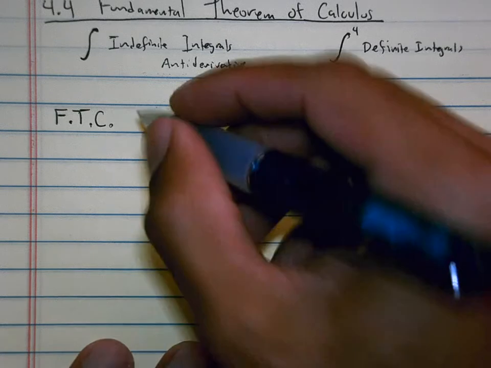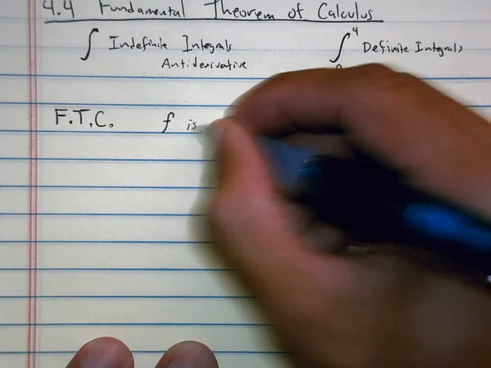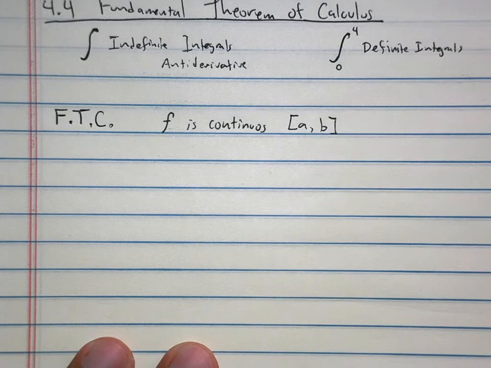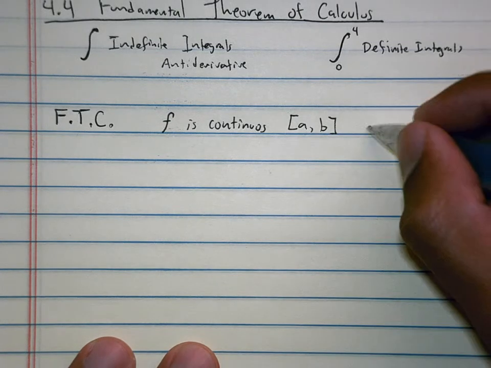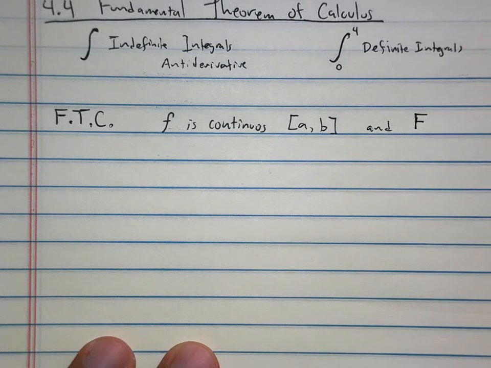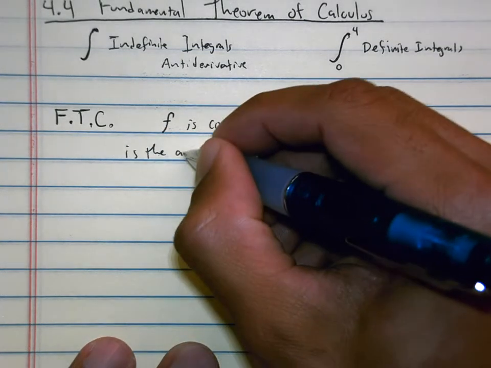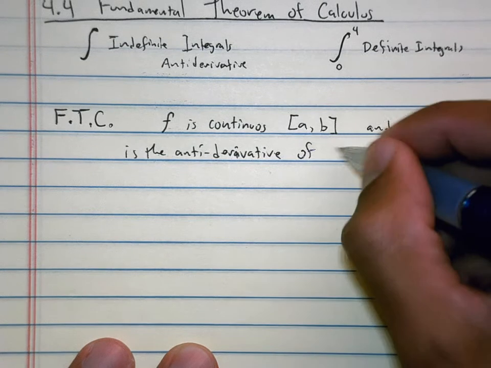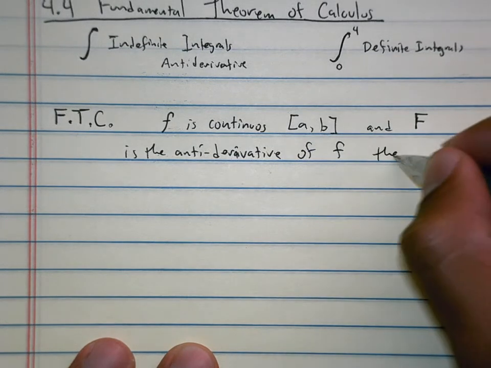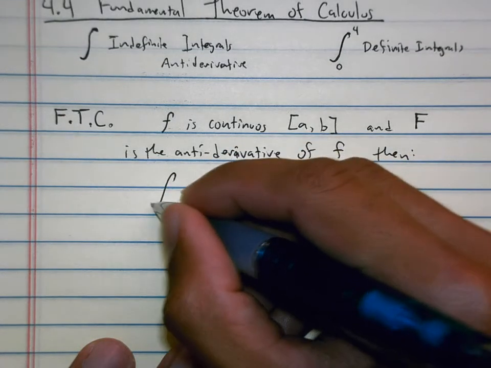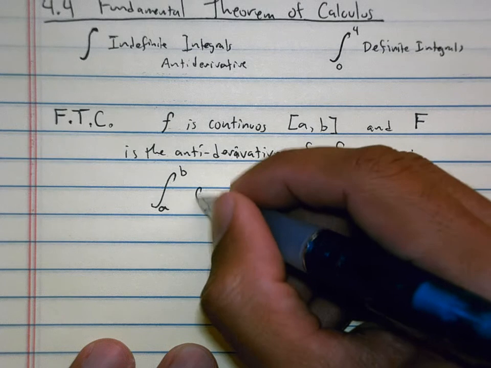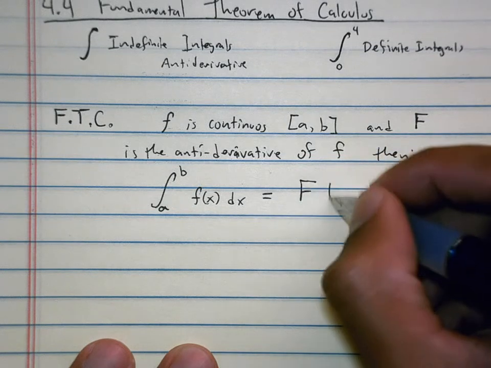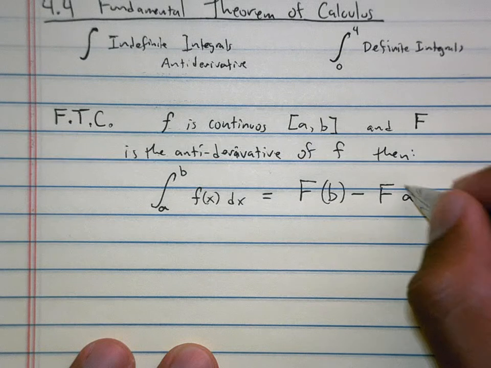The fundamental theorem of calculus says if f is continuous along the interval from a inclusive to b inclusive, from a to b, and big F is the antiderivative of little f, then the integral from a to b of f of x dx would equal big F of b minus big F of a.